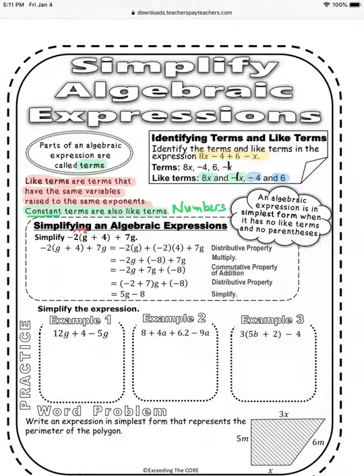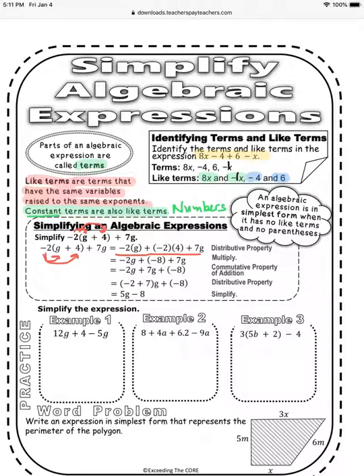That would be your first step, is to get rid of those parentheses. So they did negative 2 times g, and they did negative 2 times positive 4. Notice they wrote that over here. And they just rewrote the plus 7g.